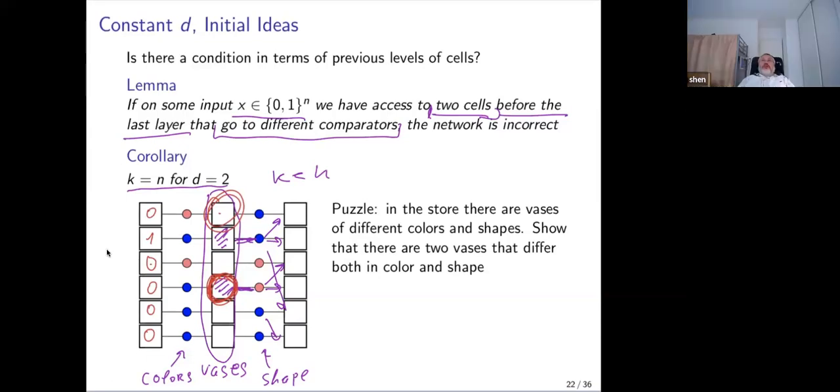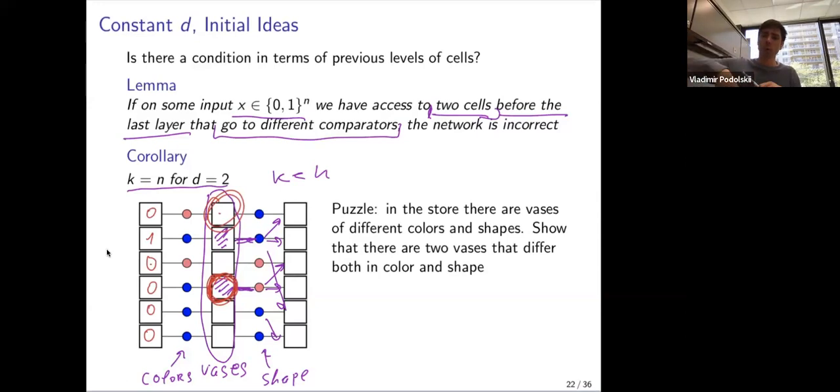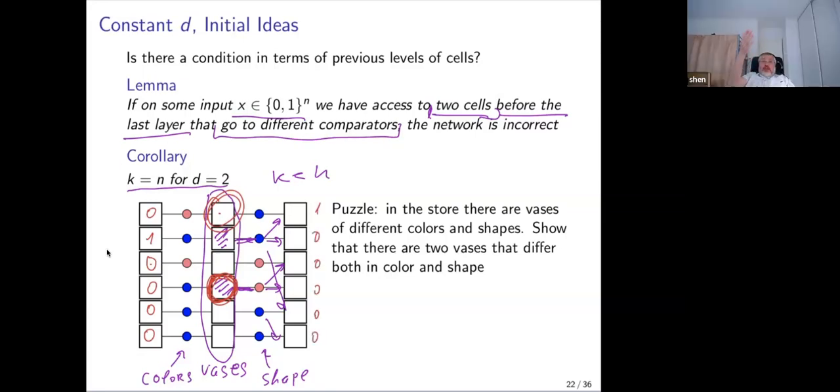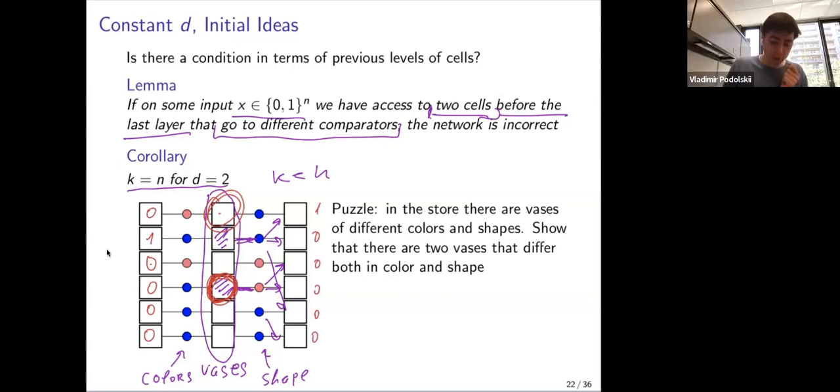Just for the blue one, you need 2 ones, I guess, no? Why? I sort from bottom to top. On the output, I want to have 0, 0, 0, 0, 0. Yeah, but just to get 1 in the third from the bottom, you need 3 ones. No, but I'm using this one in the red color, so it will have 0, 1, 0, 0, 0. That's exactly what I need, right?